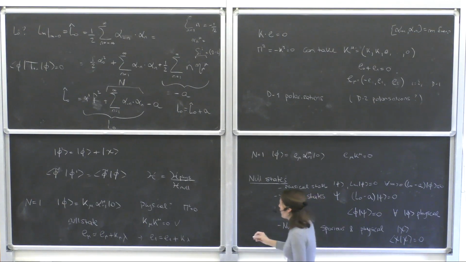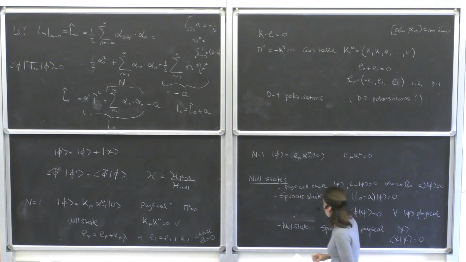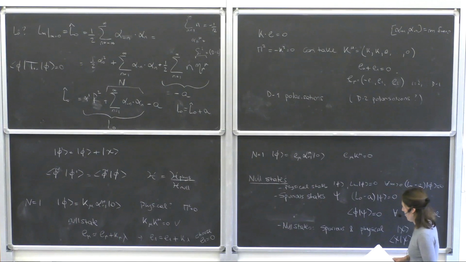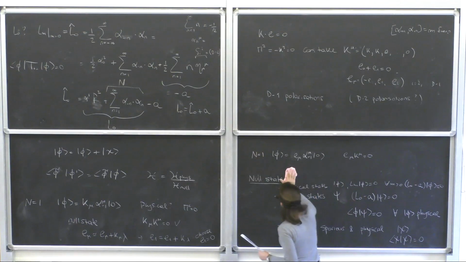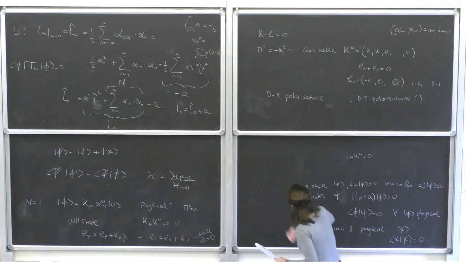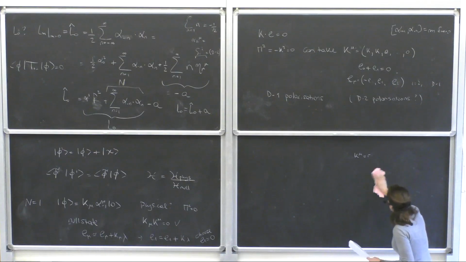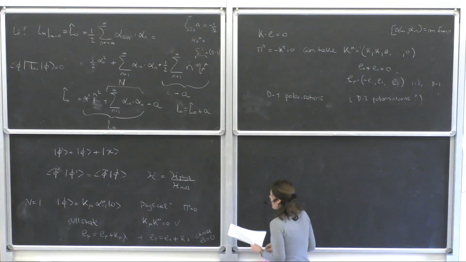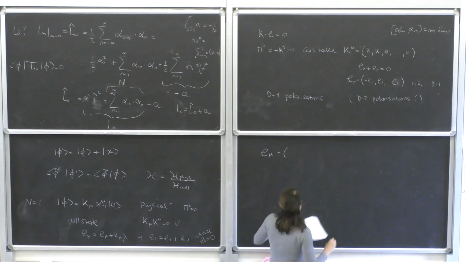So in particular, I can choose this lambda to have E1 equals 0. And so my polarizations then, if E1 is equal to 0, then E0 is equal to 0.